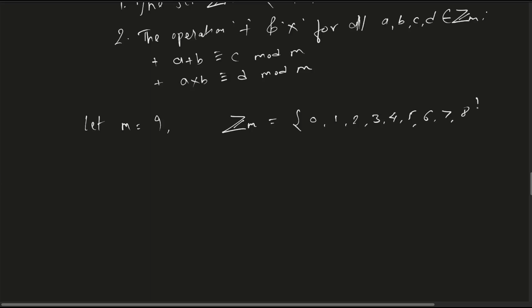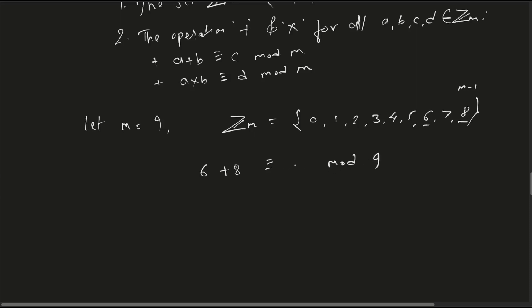The m is 9, the last one is m minus 1, so it is up to 8. Now, for a plus b, let's assume we have 6 and 8. This is part of the ring. This is equivalent to a remainder mod m. In our case, mod m is 9.